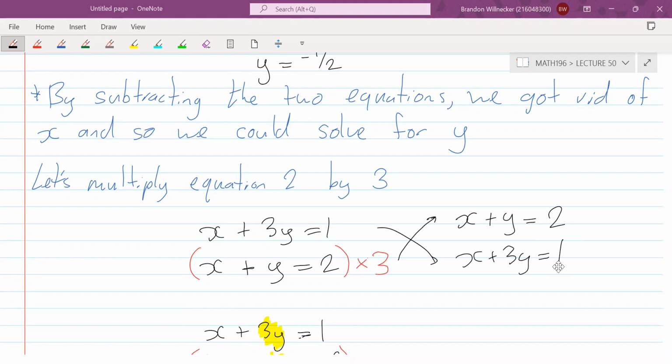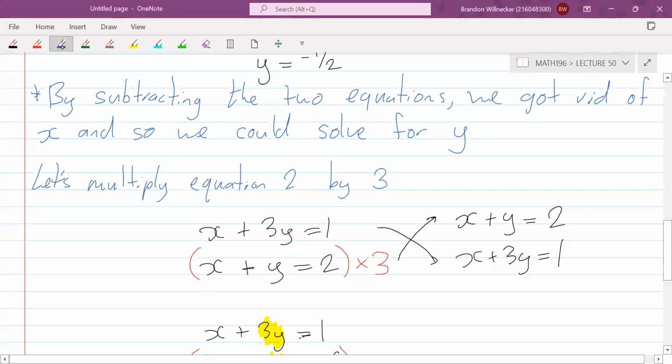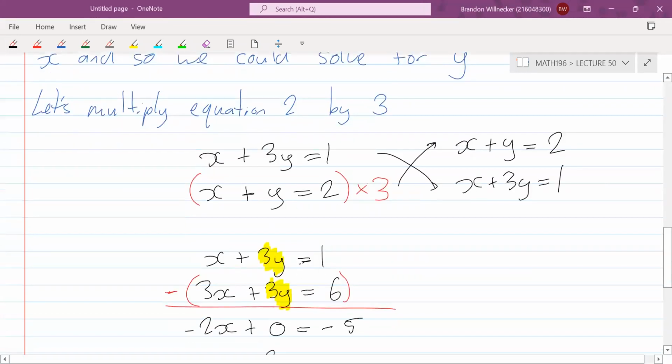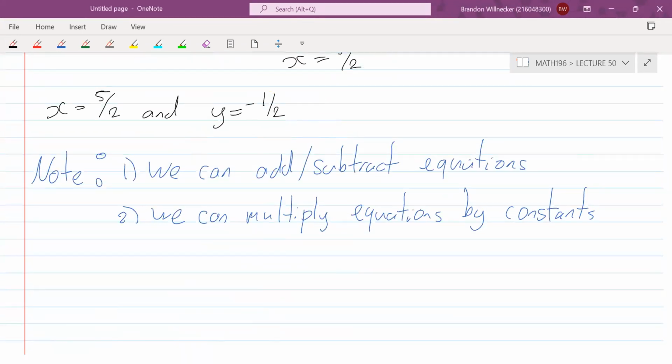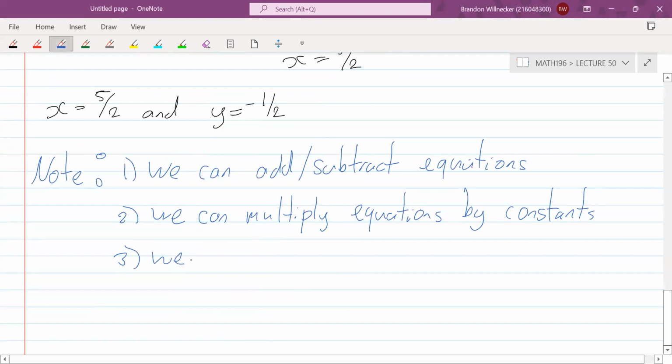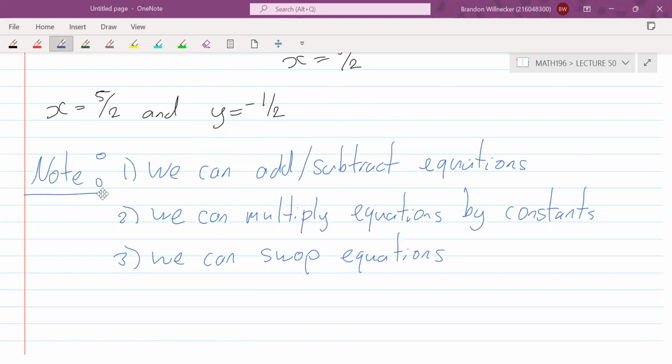I've just swapped the labels for which one's equation 1 and which one's equation 2. Nothing's actually changed that much. Okay, so we'll see why that's important soon. So let's just add it here. So number 3, we can swap equations. Okay, so these are like the beginning rules for this new method that we're developing.